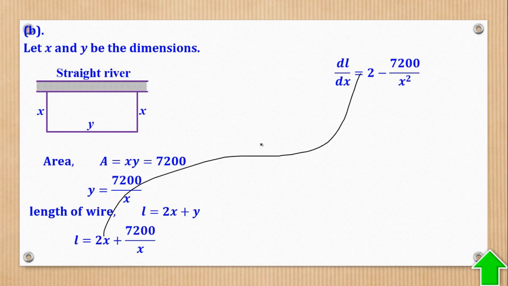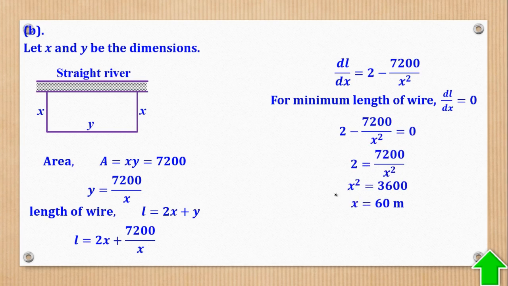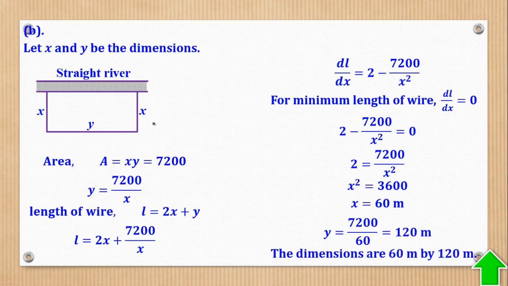This gives you this and this gives you that. So for minimum length of the wire, the derivative is equal to 0. So come and equate to 0 and make x the subject. So I shall take the positive part because length is positive. Now that I've got x, we can get y, and after getting y, those will be the dimensions they wanted.